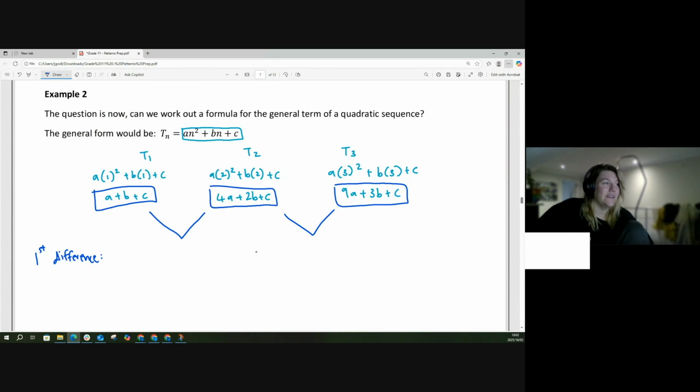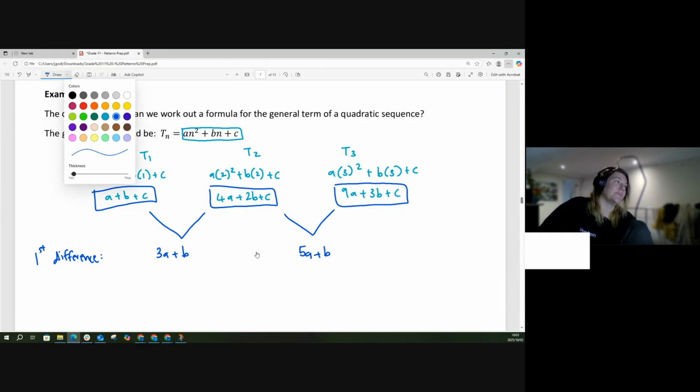Good. So 4a minus a would give us 3a. 2b minus b would give me b. And then the c's would cancel. All right, so that's what that would be. And here we have 9a minus 4a, which would give me 5a. 3b minus 2b, which would give me b. And then my c's would cancel. Okay, so that's my first difference.